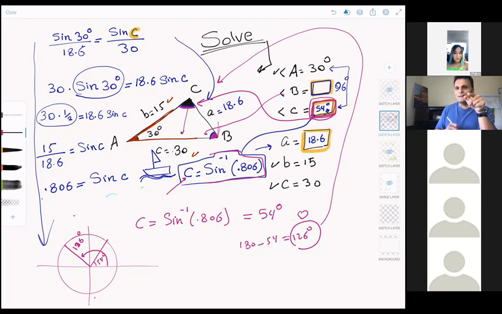Does that angle look like 54 or 126? By visualizing it, oh, this is 126. So C will be 126 degrees. And if C is 126 degrees, then B will be 24 degrees.